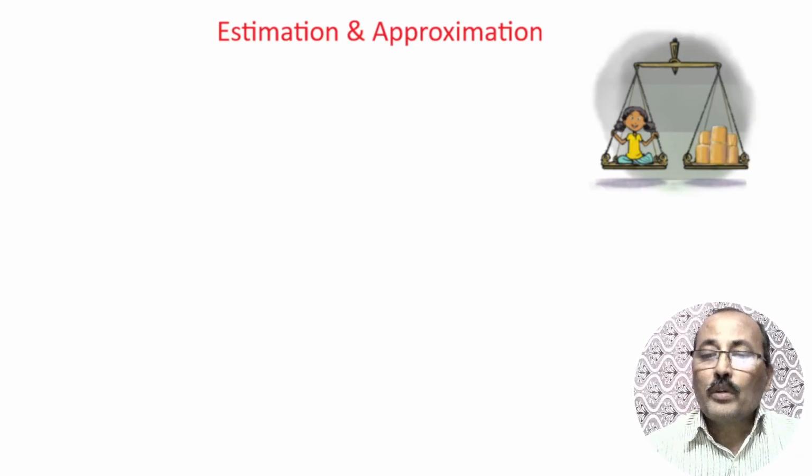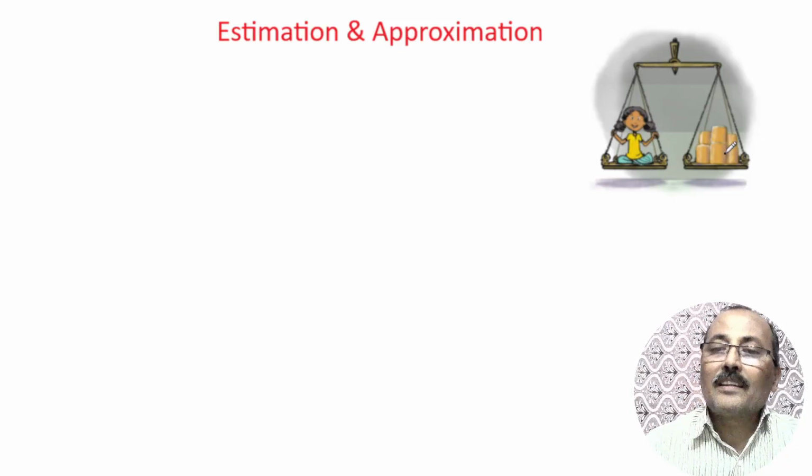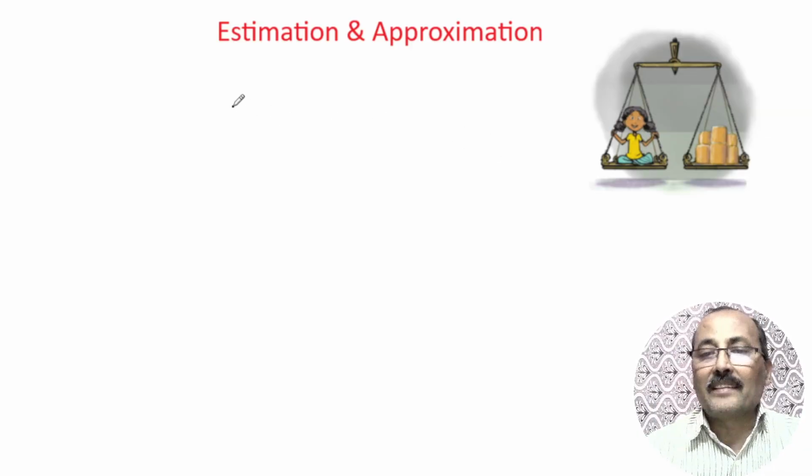Now on the board, you can see a picture of a girl and jaggery in a weighing scale, given in the textbook, on both sides. That means both are balanced equally. Now the question goes like this: she wants to estimate how much the jaggery equal to her weight will cost.